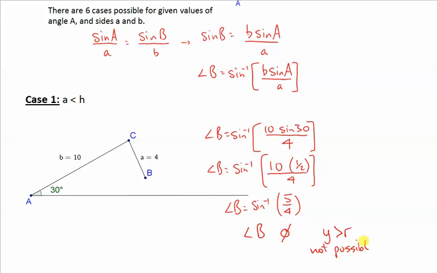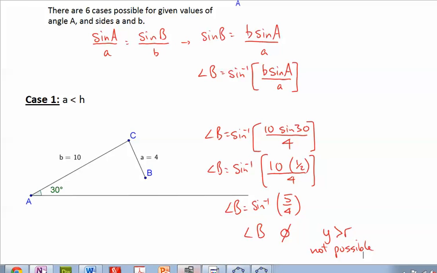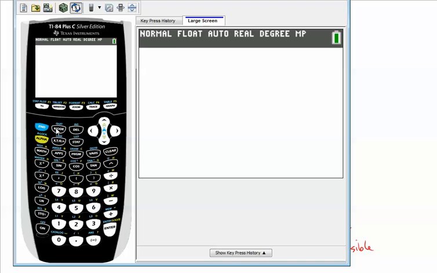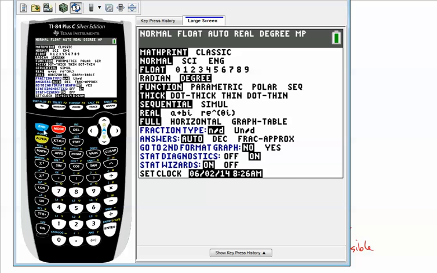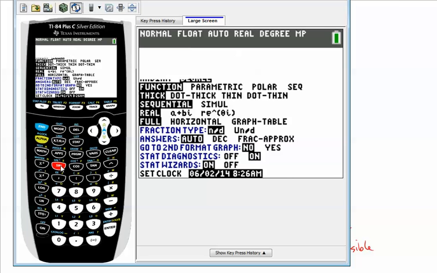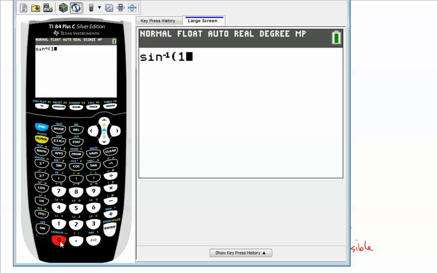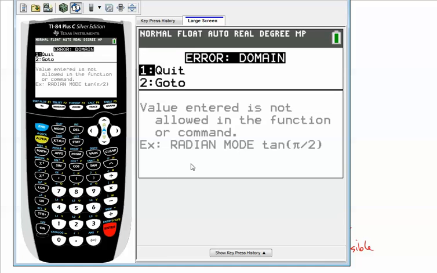Using our calculator, make sure we're in degree mode first of all, and we want arc sine. I said 10 sine 30, close the bracket, divide by 4, and close the bracket again, and we will get an error in the domain. So this is your calculator basically giving that same message.